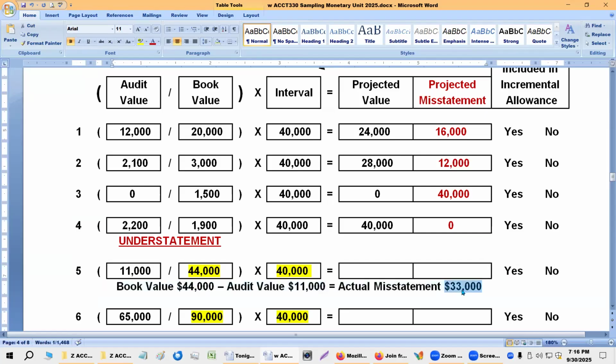We're going to put that in for our projected misstatement. It's actually an actual misstatement, but we're going to put that in here. The actual amount that is misstated by.